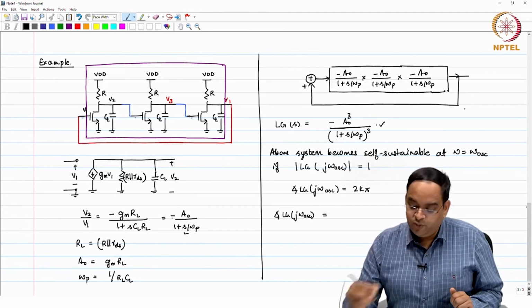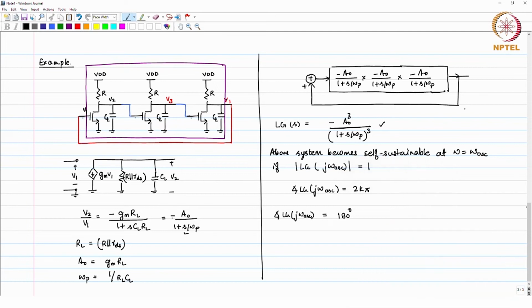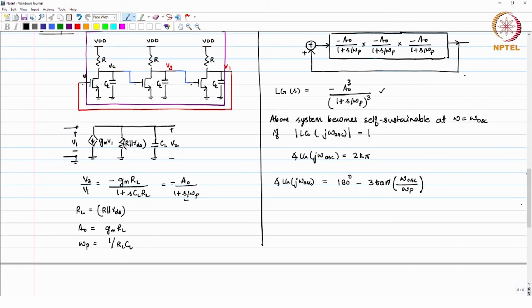So, you look at the loop gain. For the loop gain you get 180 degree here, then minus 3 times tan inverse of omega oscillation divided by omega p. And as per our Barkhausen criterion for oscillations, if and only if this is equal to 2 k pi, where k can take any value, then you will see that this is going to have oscillation.